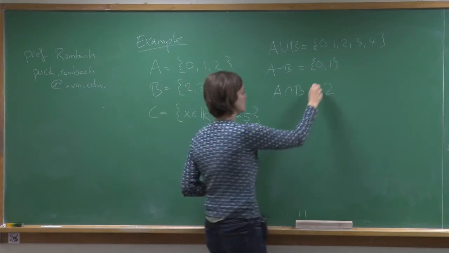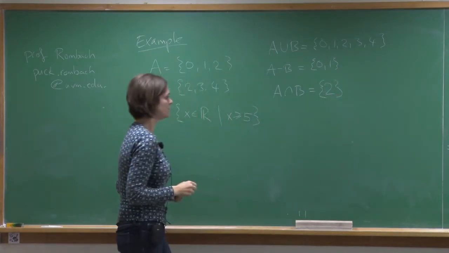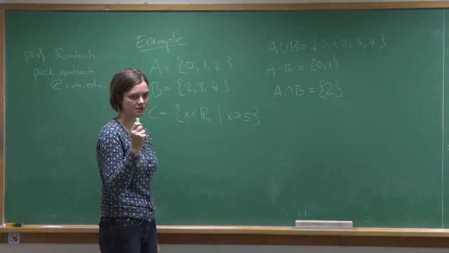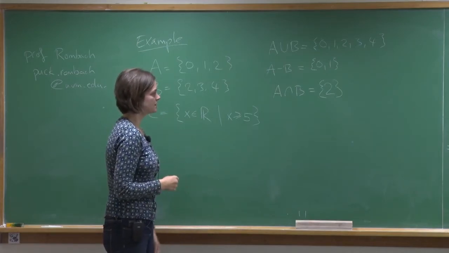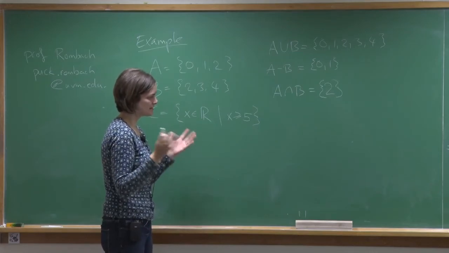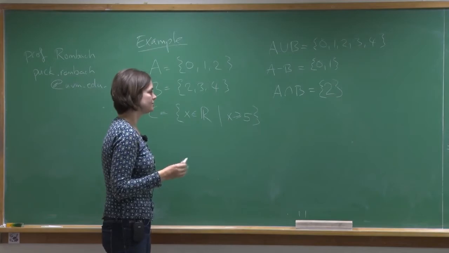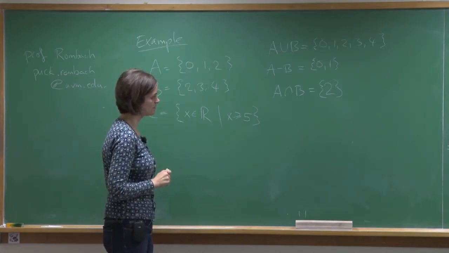So we have to always remember to do the curly brackets around it, because this object, the set that just contains 2, is not the same as the object that's 2. Hopefully that seems like it makes sense, but it's very easy to make mistakes. It's a kind of mistake that's very common, and it's something you have to be very careful about when you're writing things down.